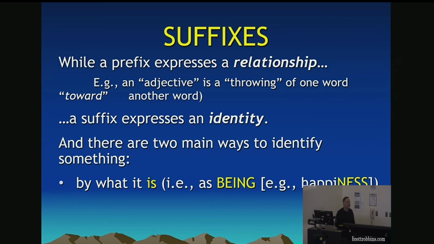Now, there are going to be various ways to convey that same idea of ness. For example, T, or just regular old Y. Lots of different suffixes mean being. Being what? Being the thing that the root says. You got me? There are going to be a lot of different suffixes, and we don't want to be scared by all that variety.